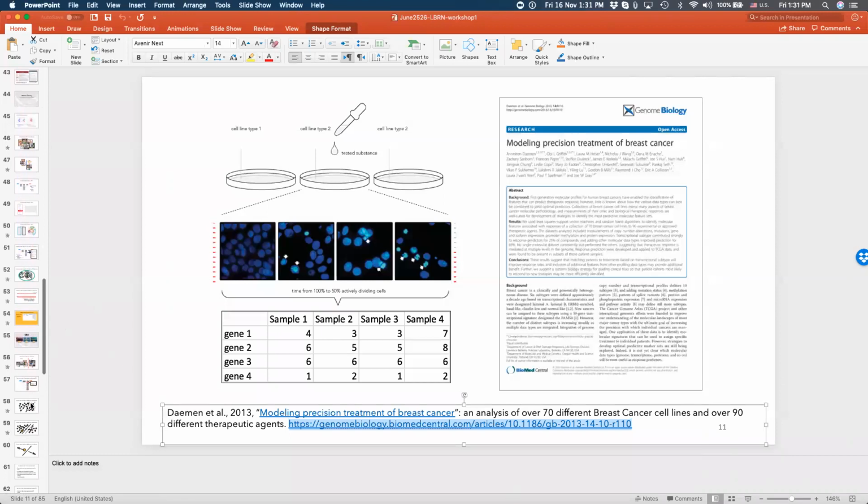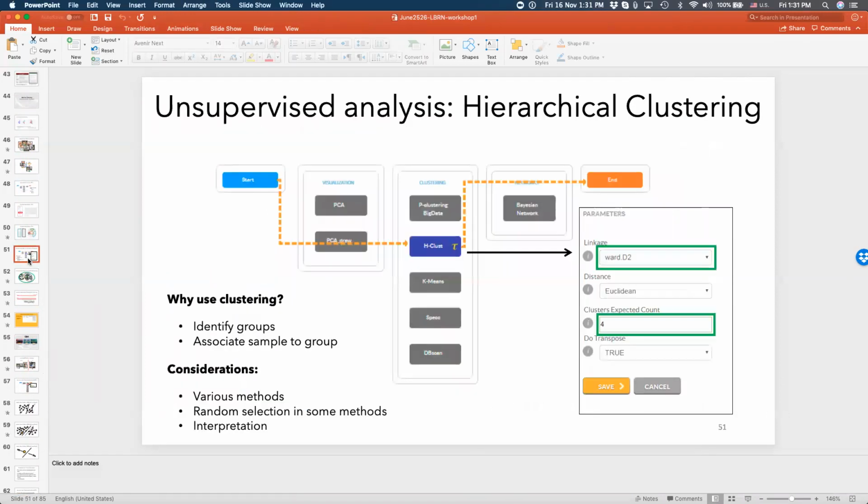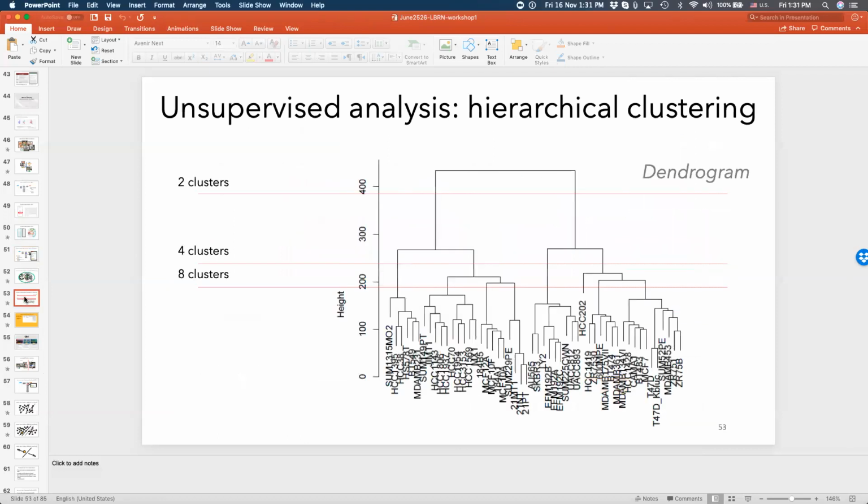So this was hierarchical clustering. Hierarchical clustering gives you something like this, right? So these are names of cell lines, and there's some relationship between these cell lines in a dendrogram.